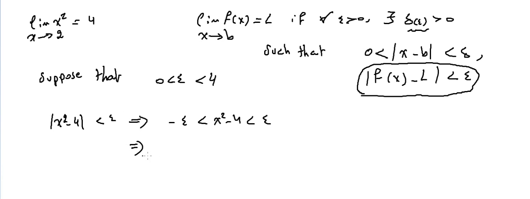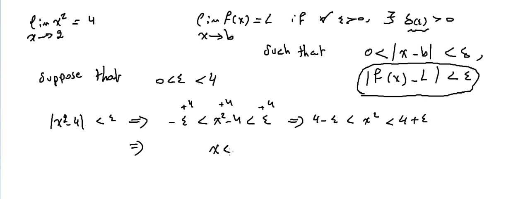Let's add 4 to all sides: 4 minus epsilon less than x squared less than 4 plus epsilon. To find x, I have to take the radical of all these positive sides. So it's radical 4 minus epsilon less than x less than radical 4 plus epsilon.